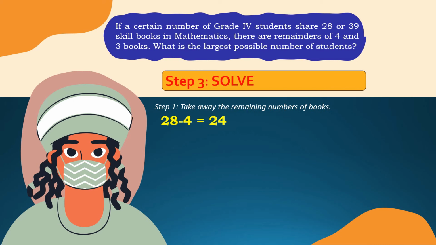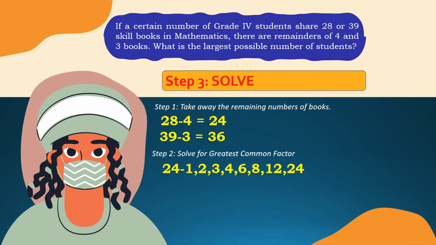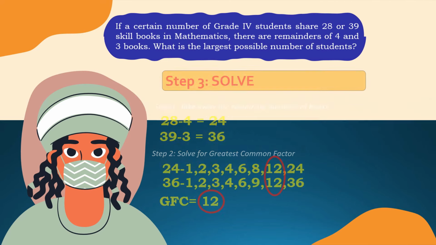So 28 minus 4 is 24, and 39 minus 3 is 36. Now we have to solve for the greatest common factor using the listing method. So we list down the factors of 24 and 36, and the GCF is 12. Therefore, the GCF of 24 and 36 is 12.